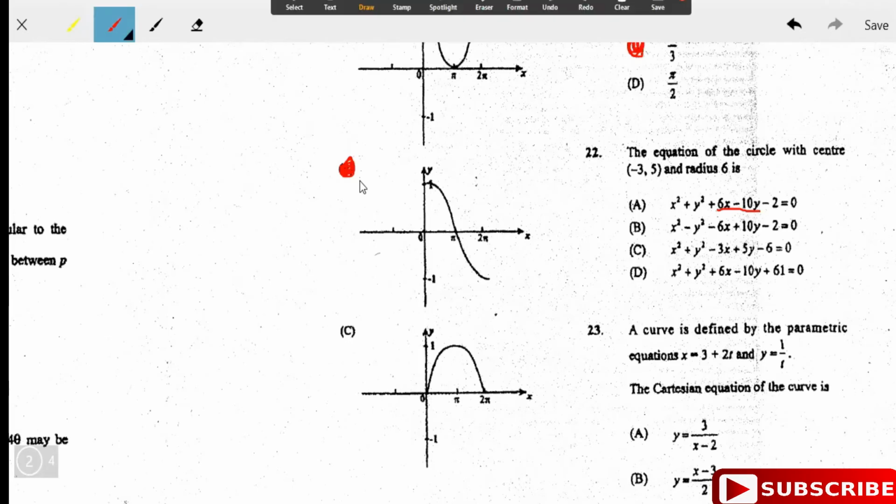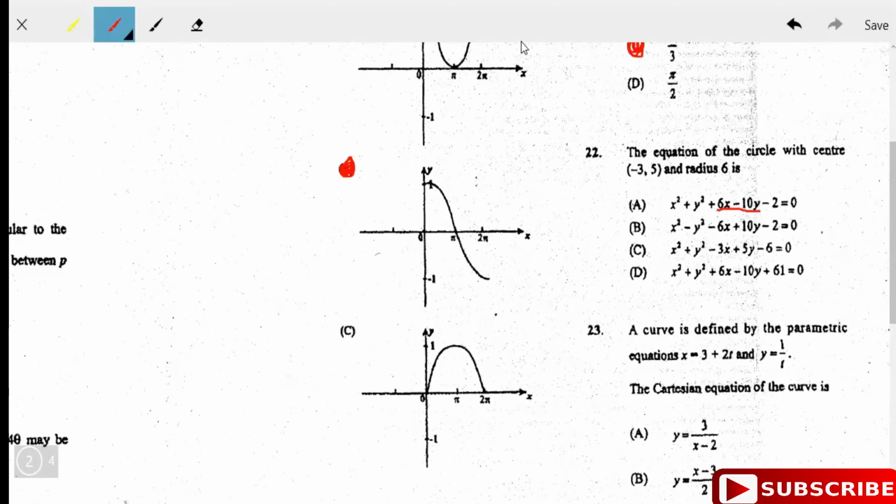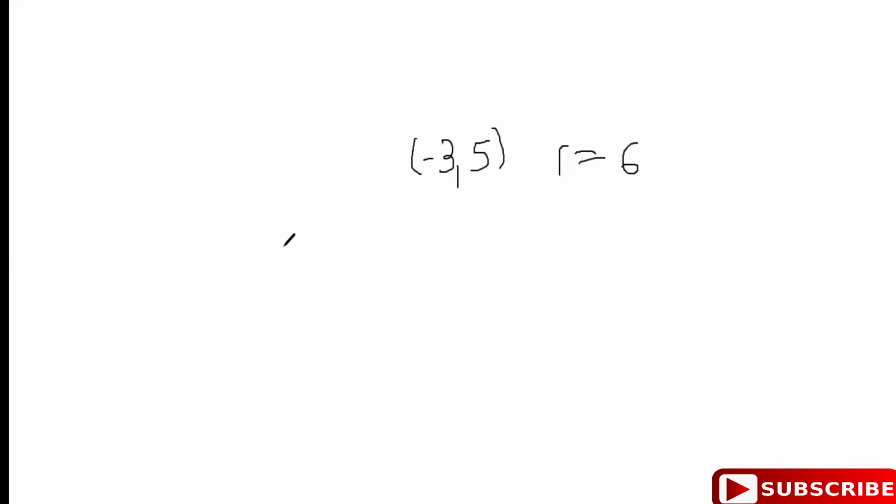But let's say you wanted to work it out. So working it out, we have the center being minus 3 and 5, and the radius is equal to 6. And so the equation of the circle is x plus 3 all squared plus y minus 5 all squared, equal to 36.